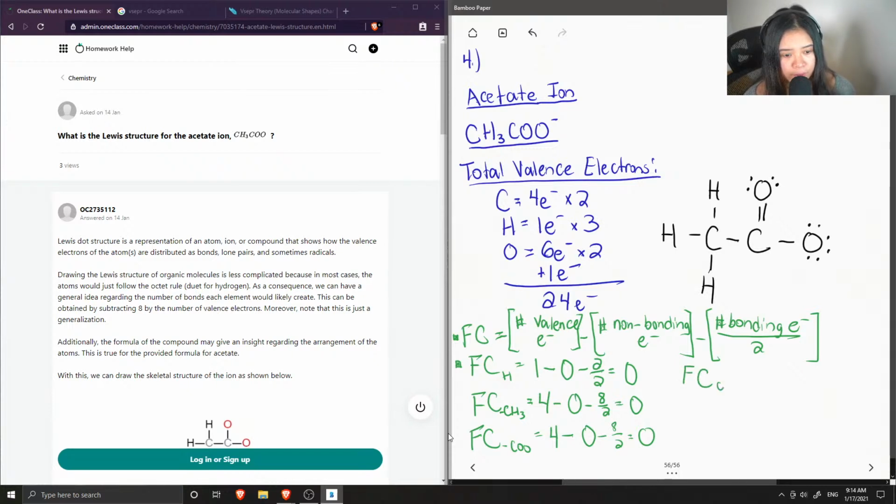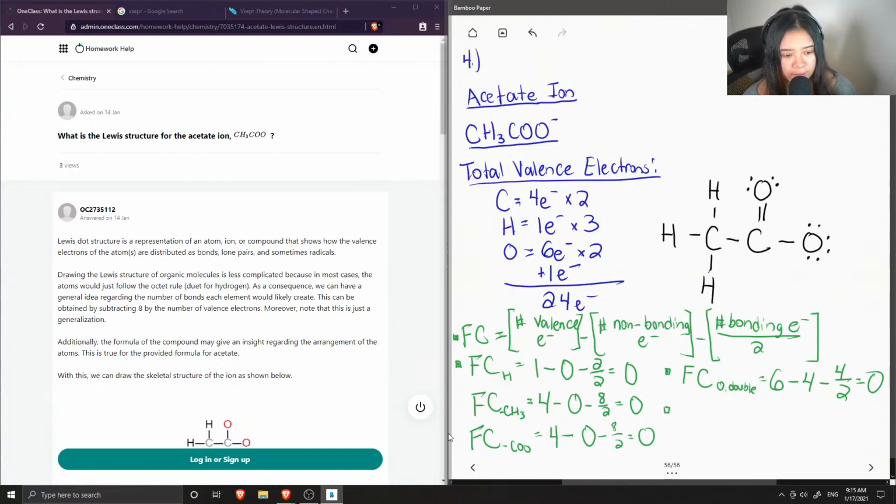And for the double bonded oxygen, so I'll put O double. Oxygen has 6 valence electrons. This oxygen has 4 non-bonding electrons. And it's the double bonded oxygen, so there are 4 bonding electrons in total divided by 2. So 6 minus 4 minus 2 is 0.